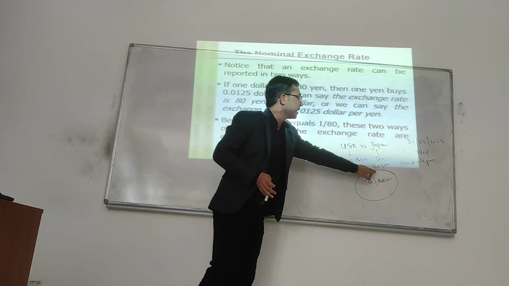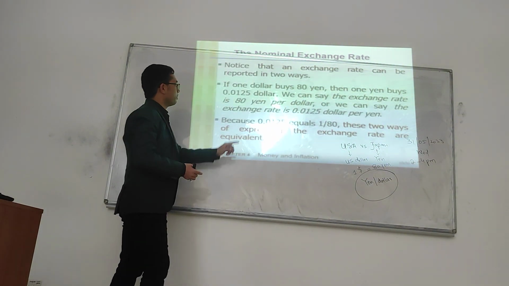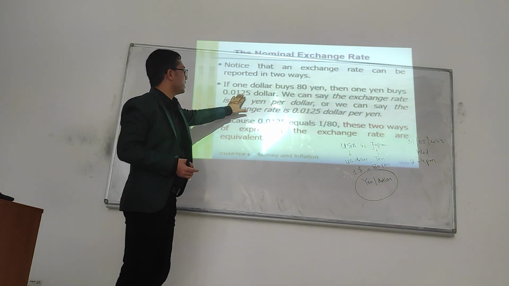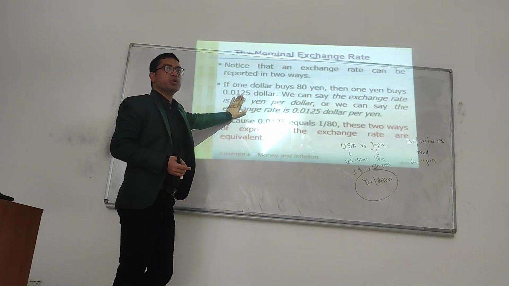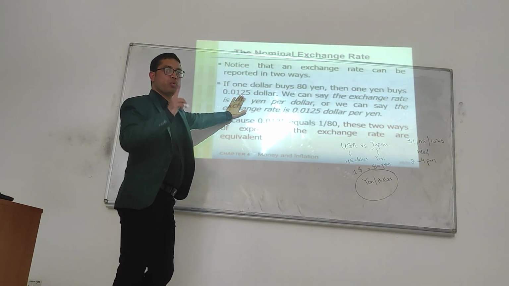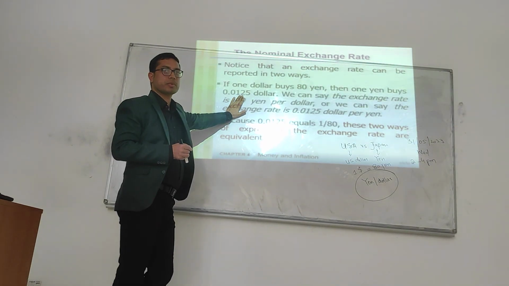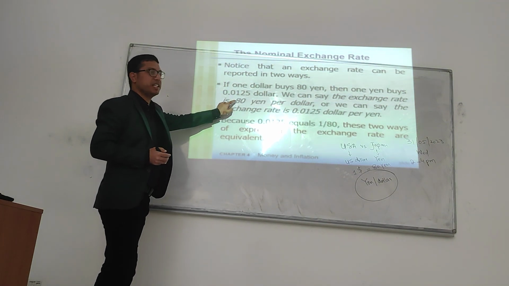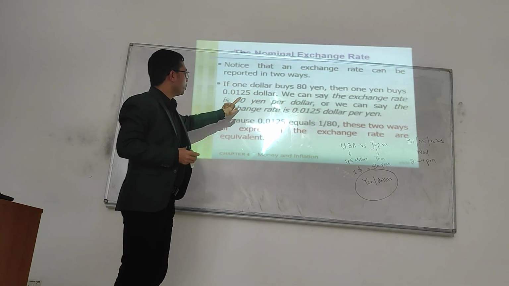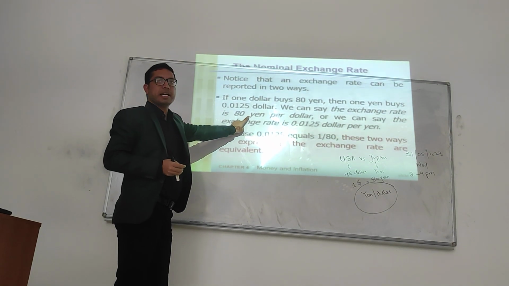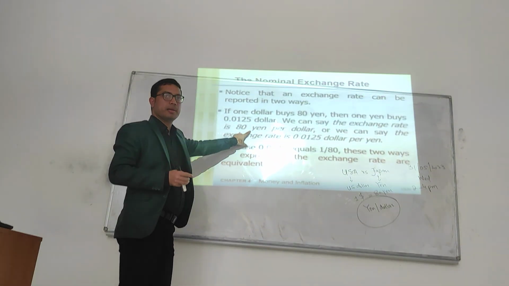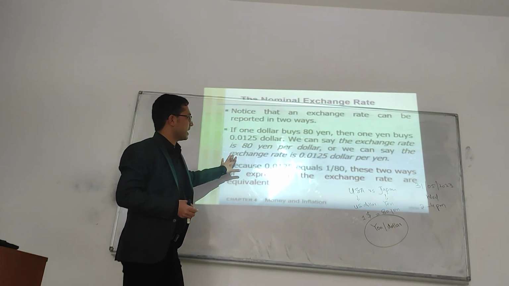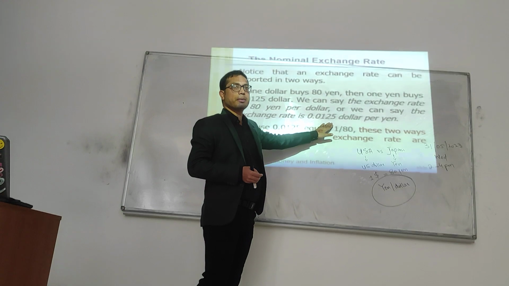If $1 buys 80 yen, then 1 yen buys this much dollar. So can we say that this is the price of 1 yen in terms of US dollars? Yes. Clear? Okay. We can say that the exchange rate is 80 yen per dollar. So you can report this exchange rate in this way, 80 yen per dollar. Or similarly, we can say that the exchange rate is this much dollars per yen.